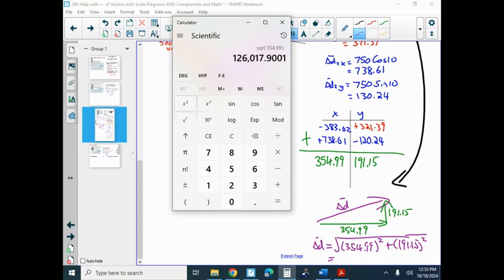Need to square that thing. Then let's see if I can get away with this. I can just add that to the 191.15. Square that. Yeah, that's doing the right stuff. So that's my number there. And then I just need to square root it. So equals, yep. And then root it. We're getting 403.